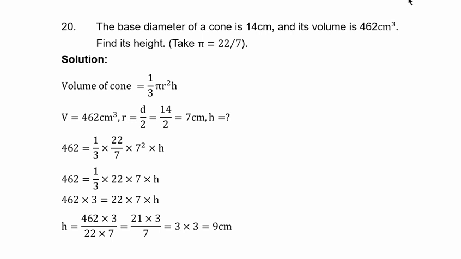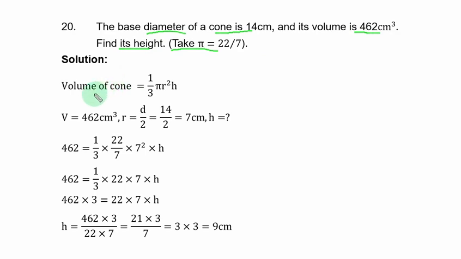Example 20. The base diameter of a cone is 14 cm and its volume is 462 cubic centimeters. Find its height. Take pi equal to 22 over 7.